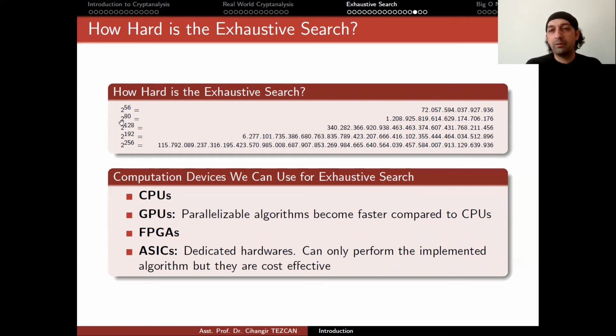Even then, we still cannot break a 128-bit block cipher, because performing this many operations in a second means that you can perform 2^104 encryptions per year, since a year has almost 2^24 seconds. So even if we can perform this many operations in a second, breaking this one takes millions of years. This is why increasing the key length is very important, and you shouldn't use anything less than this number.